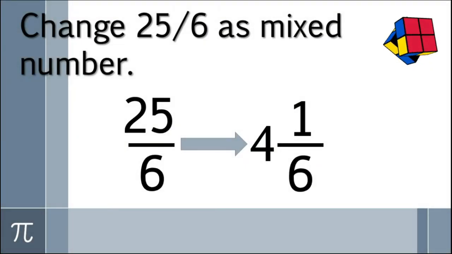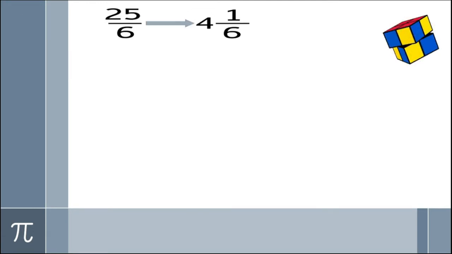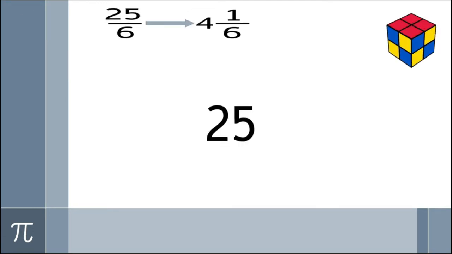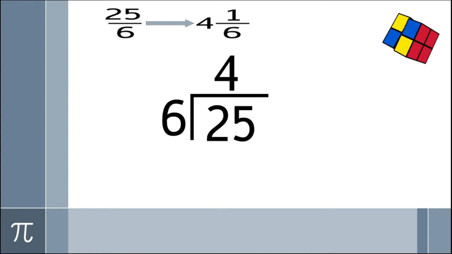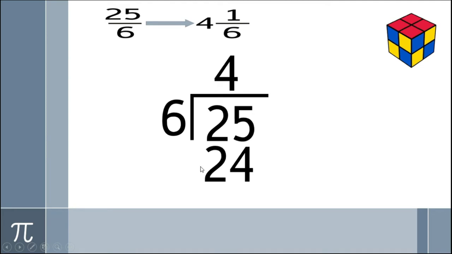Another example, change 25/6 to a mixed number. So yung 25/6 magiging 4 and 1/6. Paano yan gagawin? 25, yung numerator, divided by 6. 6 yung denominator. So, ilang 6 mayroon sa 25? 4. 4 times 6 is equal to 24.